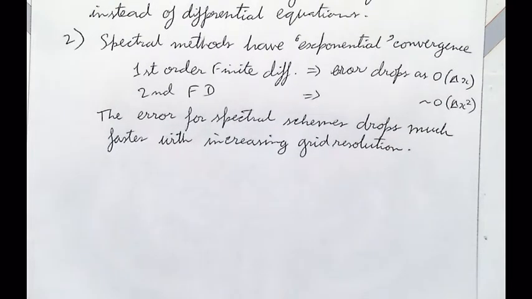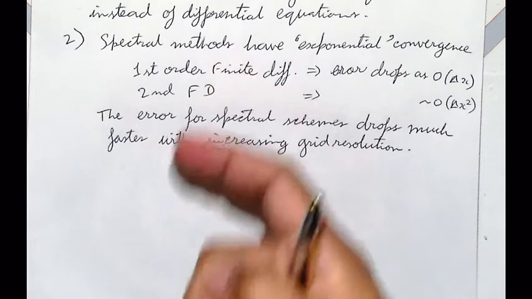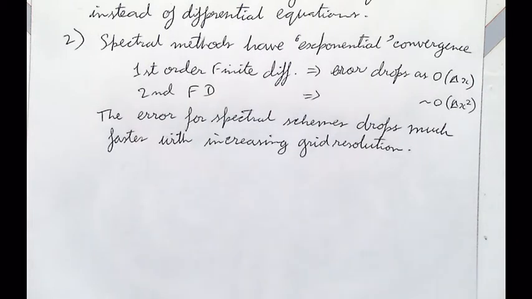Okay, why do you think that is an advantage? The error drops much faster with increasing grid resolution. So how does that help us? Go ahead, take a guess. A lot less error? A lot less error, and if you decide the error that I can work with should be 1e minus 8, what would the difference be with a finite difference scheme versus a spectral scheme?